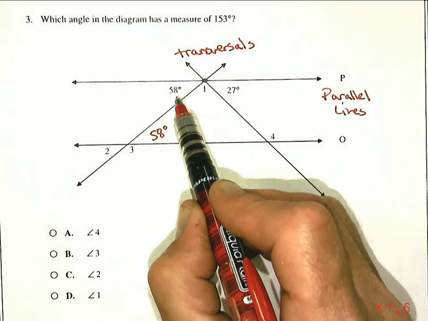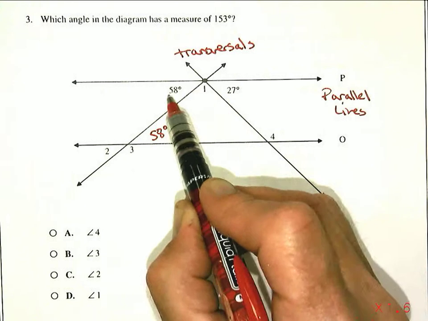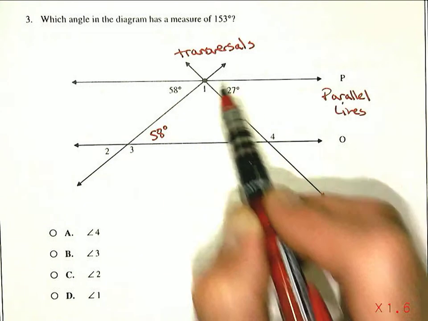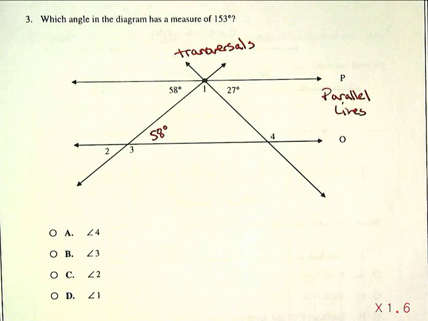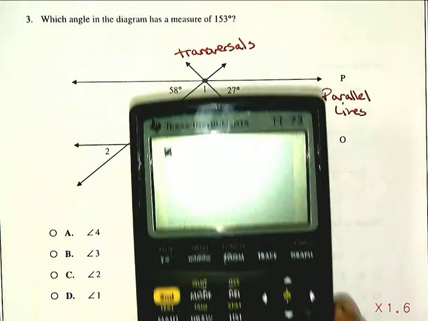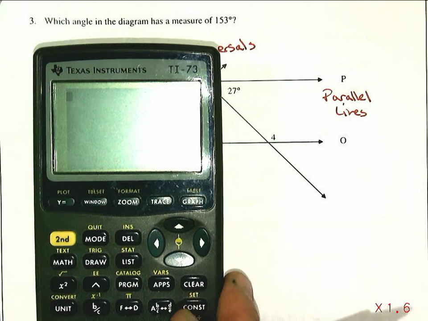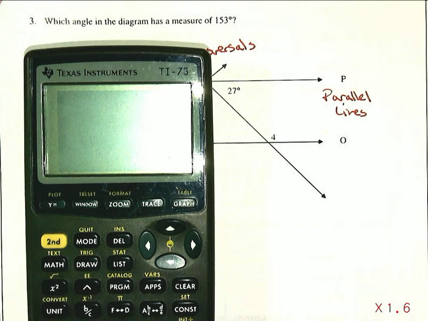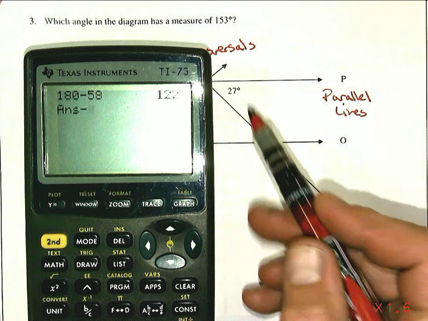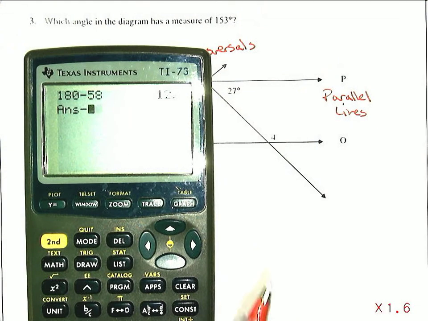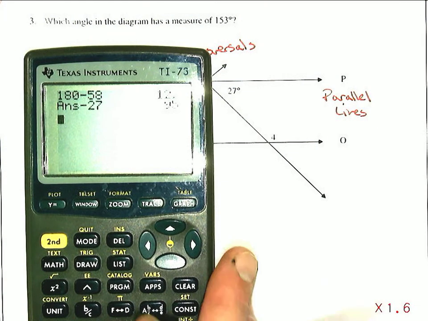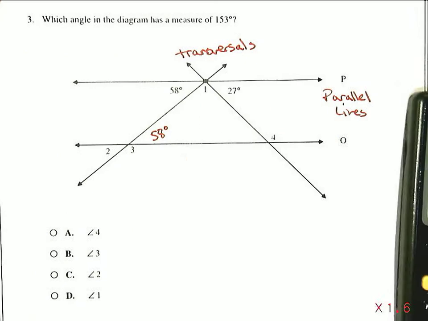So I can just subtract 58 and 27 from 180, so I'll pull out my calculator here, because we want to find the measures of all these angles. If we take 180 minus 58, and then again minus another 27 for the other angle here, then we get the measure of angle number 1, which is 95 degrees.